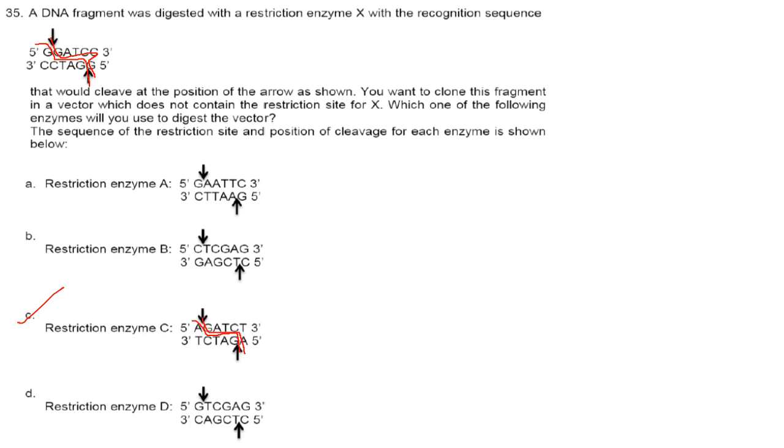A DNA fragment was digested with a restriction enzyme X with the recognition sequence that would cleave at positions of the arrow as shown. You want to clone this fragment in a vector which does not contain the restriction site for X. Which one of the following enzymes will you use to digest the vector? The sequence of the restriction site and position of cleavage for each enzyme is shown below.